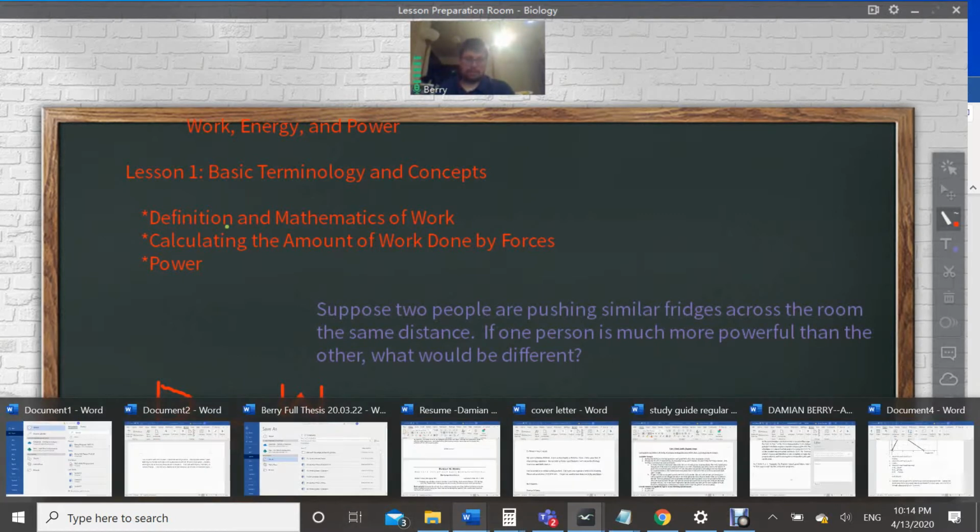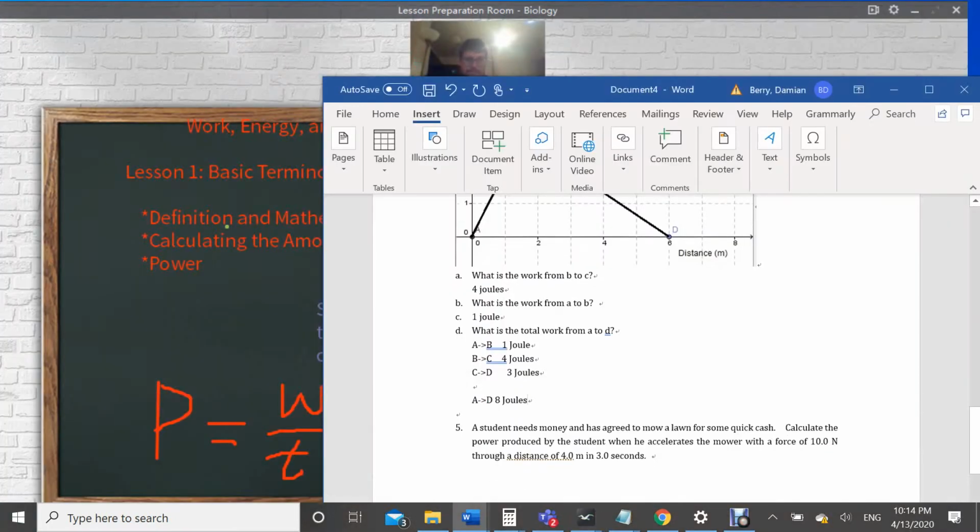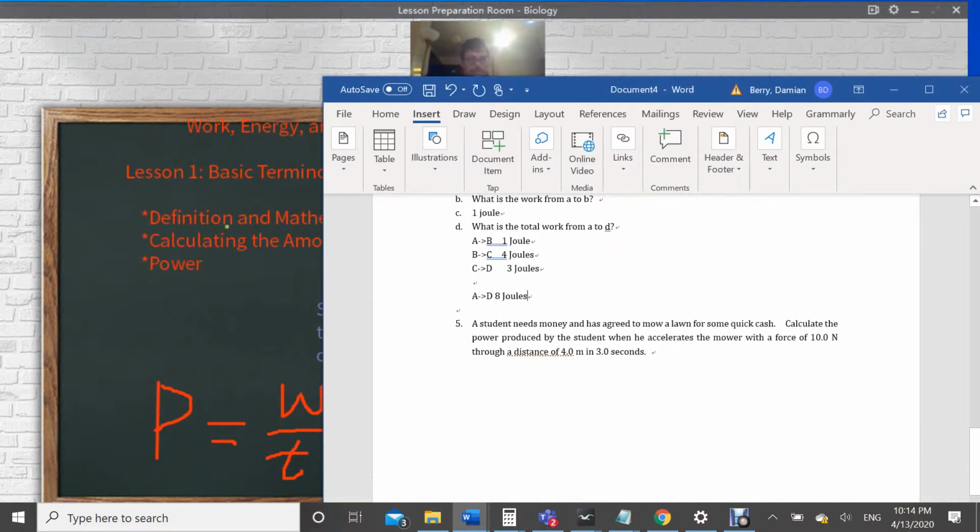So if we were to take a look at our last problem, it says a student needs money and has agreed to mow a lawn for some quick cash. Calculate the power produced by the student when he accelerates the mower with a force of 10 newtons through a distance of 4 meters in 3 seconds. We know that power is equal to work divided by time, and we know that work is equal to force times displacement.